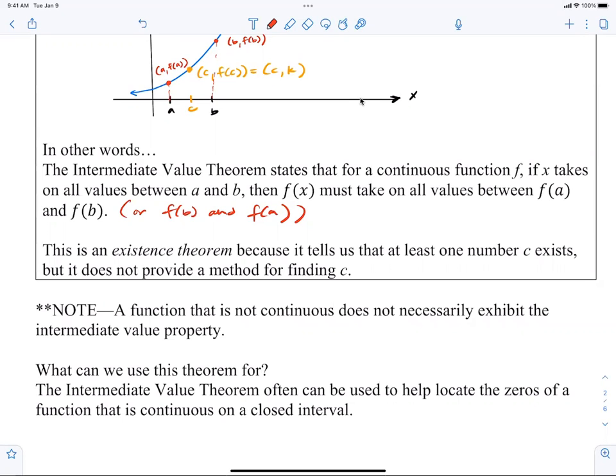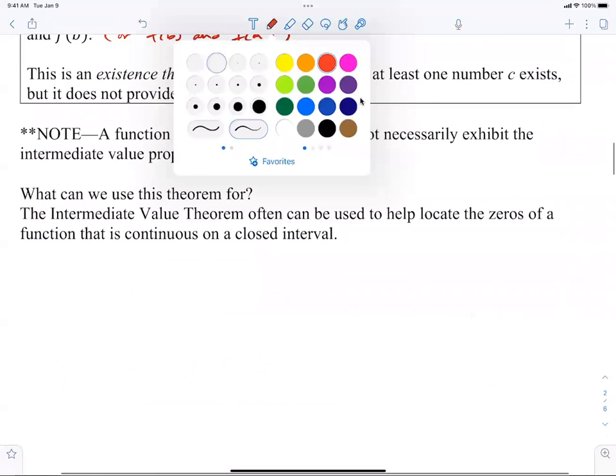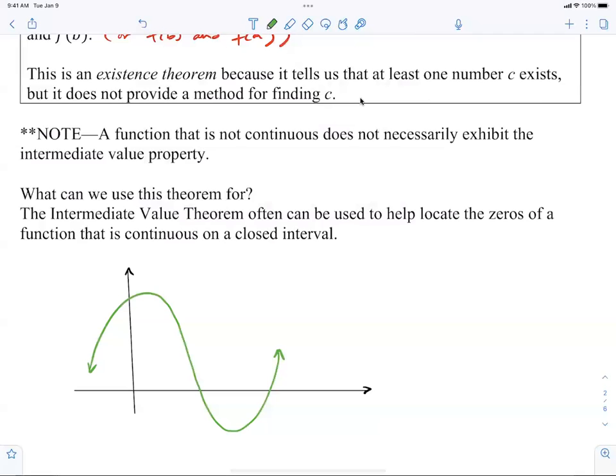So what can we use this theorem for? The intermediate value theorem can be used to help locate the zeros of a function that is continuous on a closed interval. And the way that we can use it is, let's say we have some polynomial function like this.